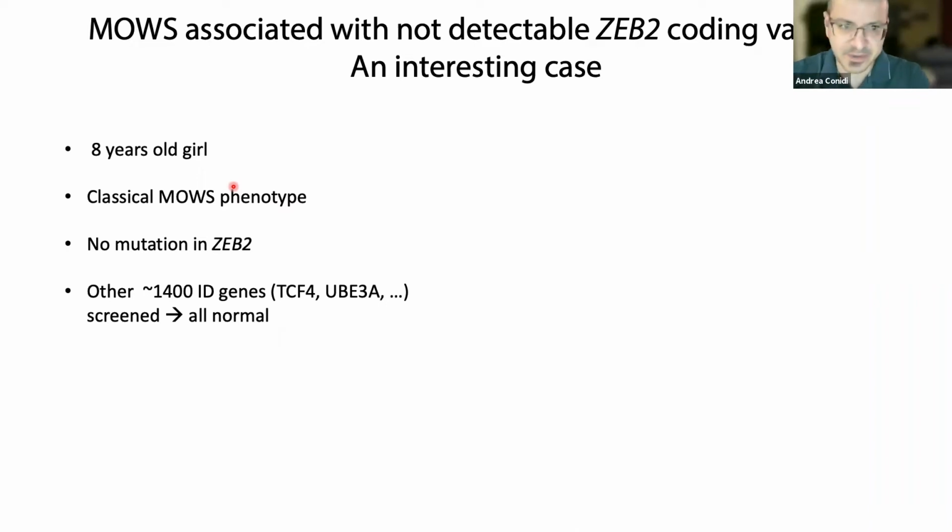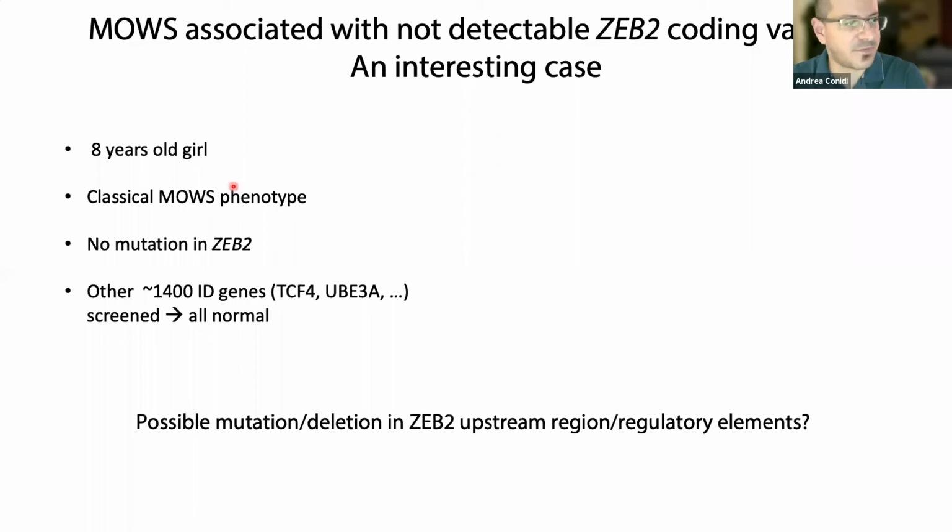So we started reasoning, we went looking back at the structure of the gene and how it is present in the DNA. And we thought that there might be a mutation in a region upstream of ZEP2 that maybe contains some regulatory elements that can drive the expression of ZEP2.